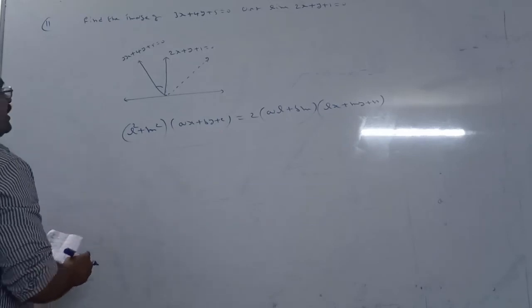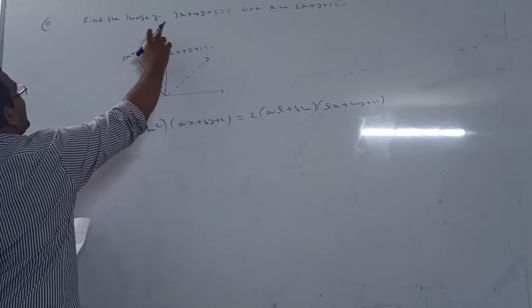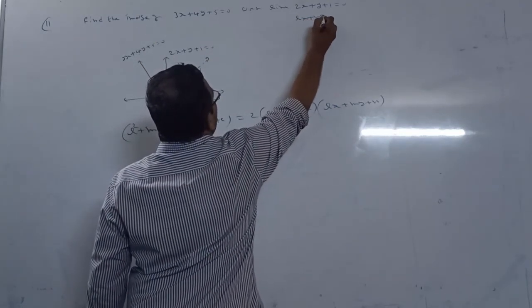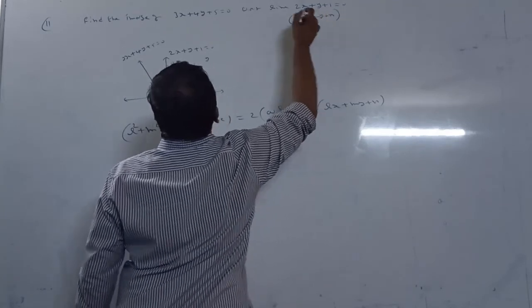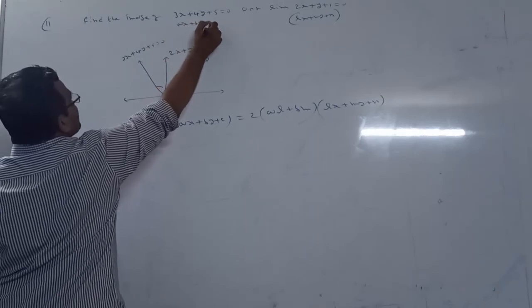See here, with respect to the line we always take lx plus my plus n, and the given line we always take ax plus by plus c.